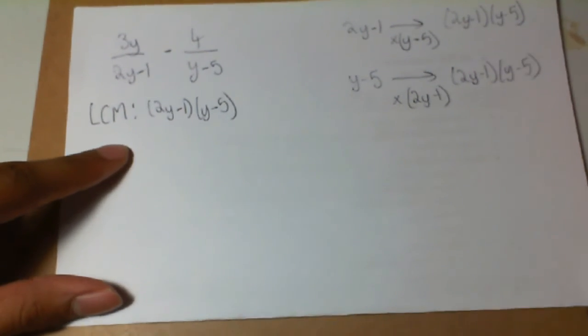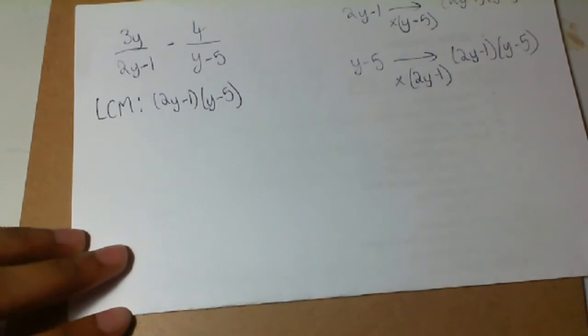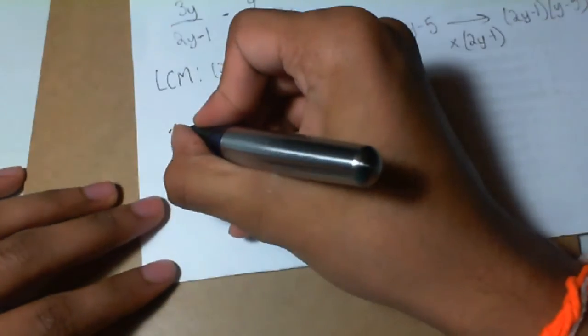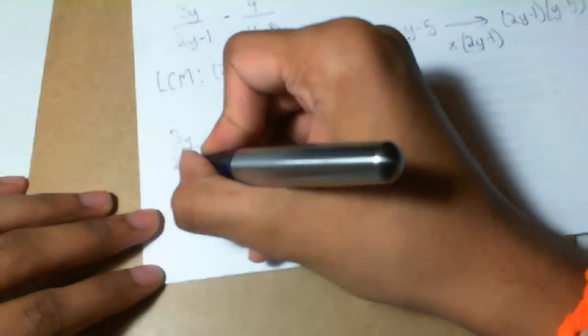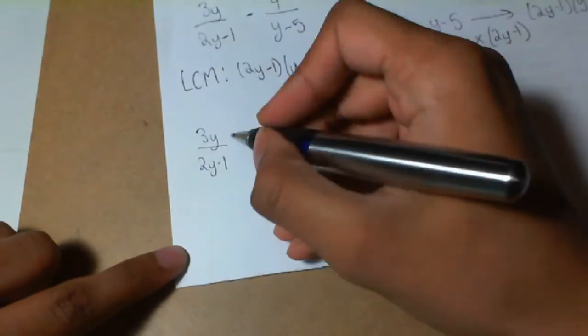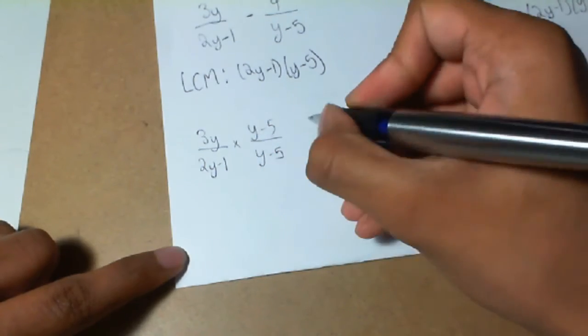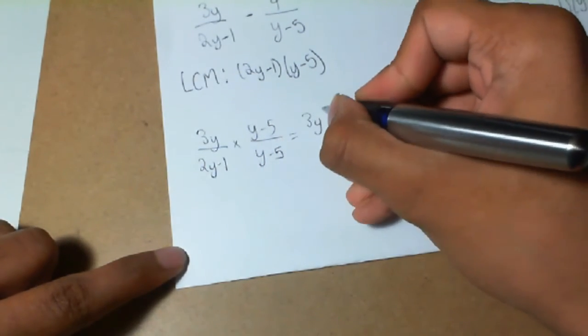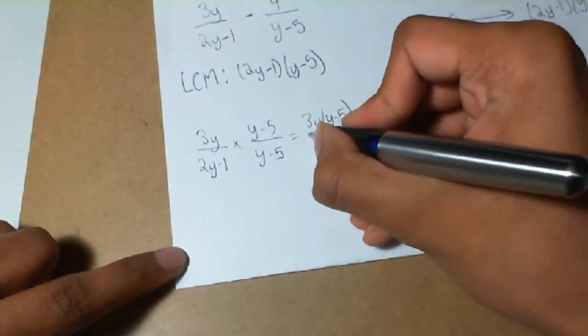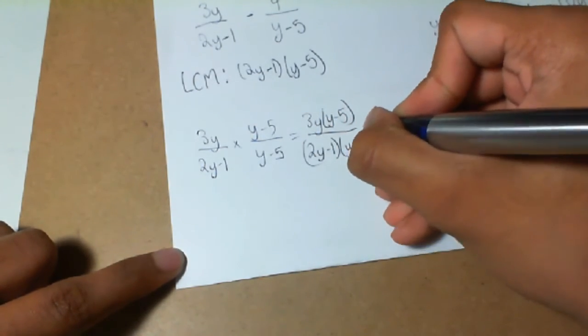Okay, and remember, if we're going to multiply something on the denominator, we also have to multiply it on the numerator. So that's exactly what we're going to do here with 3y. We said we're going to multiply by y minus 5, so y minus 5 by y minus 5. Okay? So we get 3y times y minus 5 divided by 2y minus 1 times y minus 5.